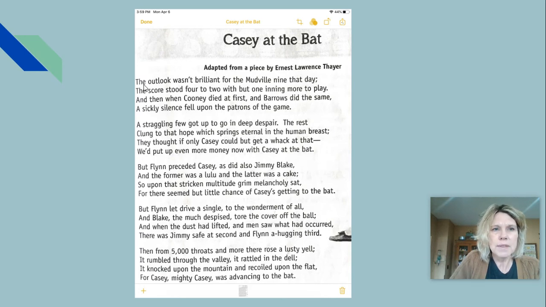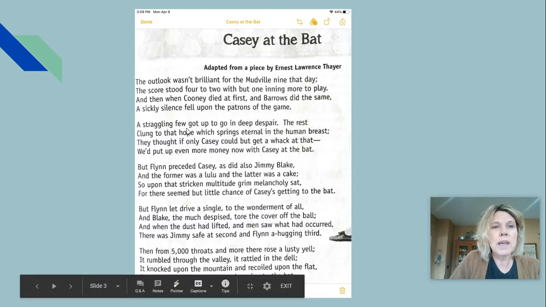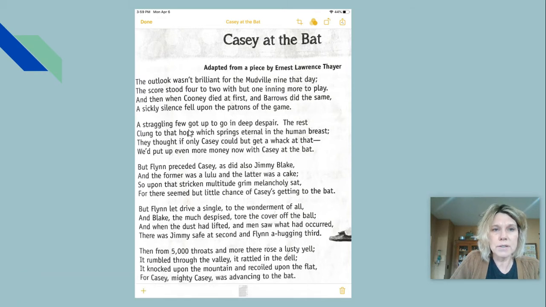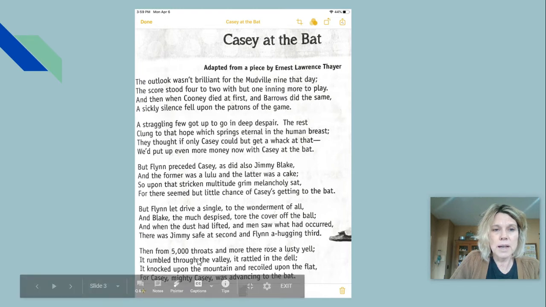So there are 4 lines to this stanza, then a break. 4 lines to the second stanza, then a break, and so on. So we have stanza 1, stanza 2, stanza 3, stanza 4, and stanza 5.